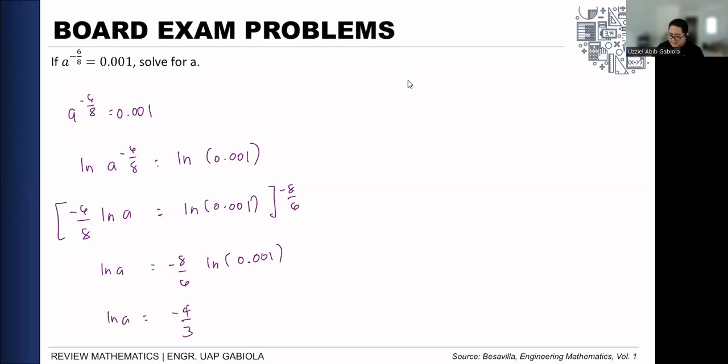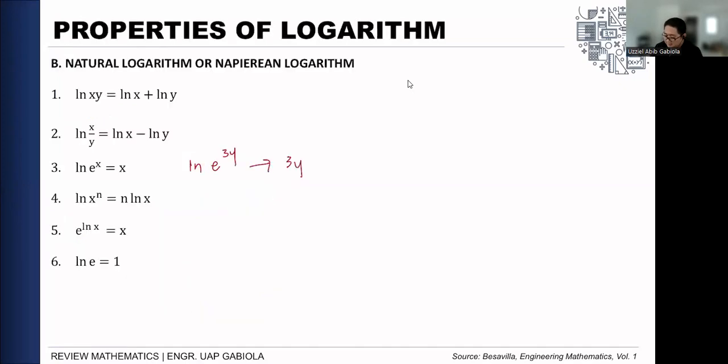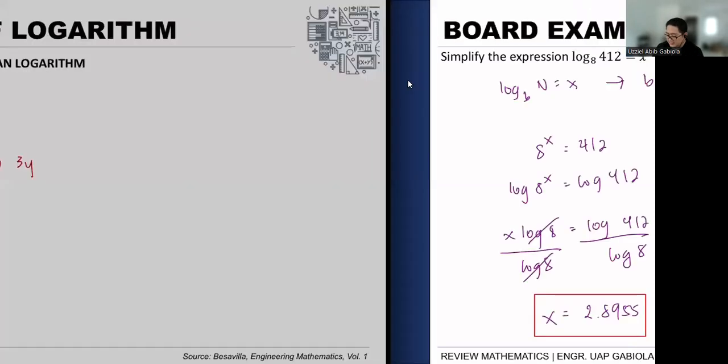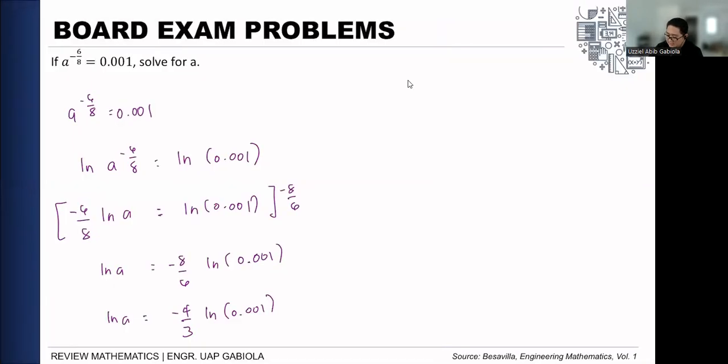Okay? And then, para mawala si ln, based from the rule dito, pwede nating i-erase, no? Sa e para makuha lang natin yung nasa loob ng ln. So pag ni-raise natin sa E yung both sides, so e^(ln A) equals to e^(negative 4/3 ln 0.001).